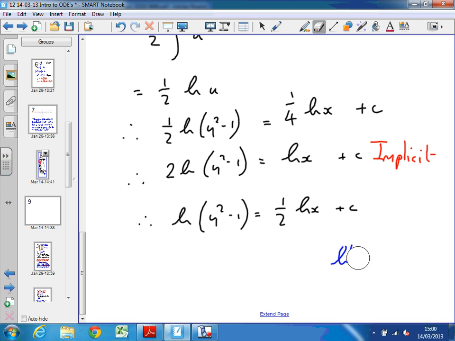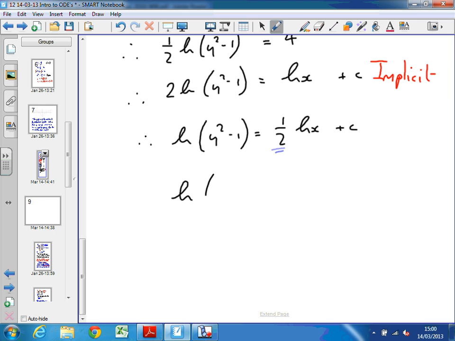So the other way to think of this is that a half, which is here, could actually be a power of x. So I could think of this as log y squared minus 1 equals the log of x to the half plus c. And that's an awkward step because it's asking you to recognize that this is using laws of logarithms. We can rewrite that like that.